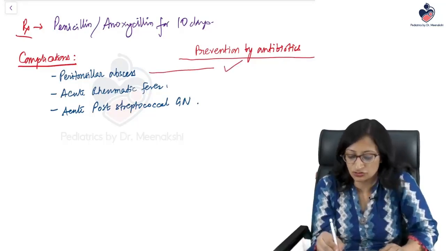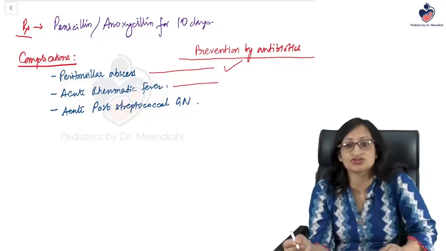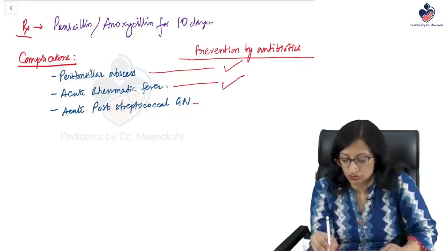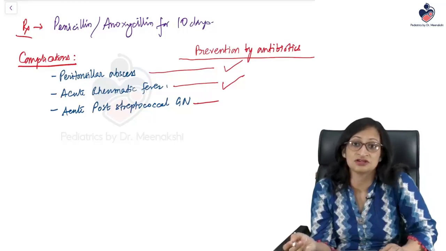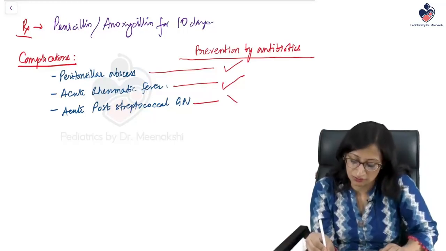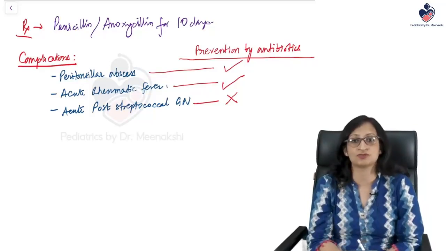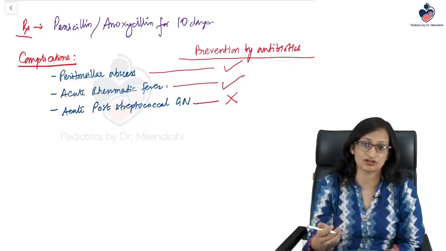Yes. Can acute rheumatic fever be prevented by administration of antibiotics for sore throat? Yes. Can acute post-streptococcal glomerulonephritis be prevented? No. Treatment with antibiotics does not prevent acute post-streptococcal glomerulonephritis.